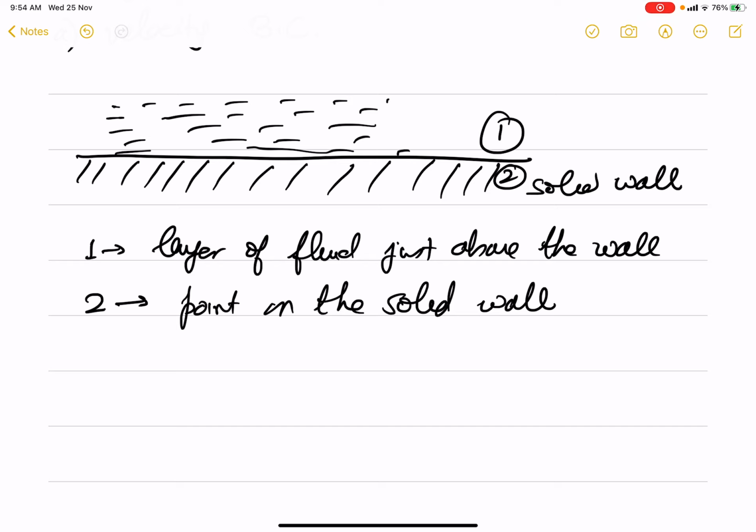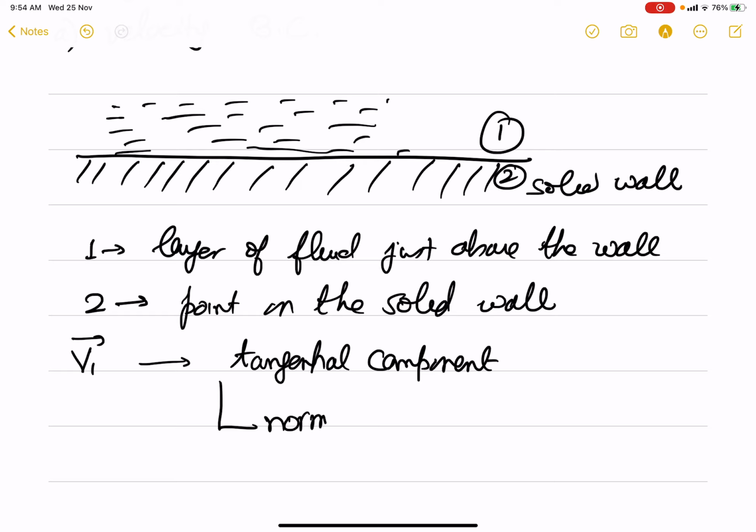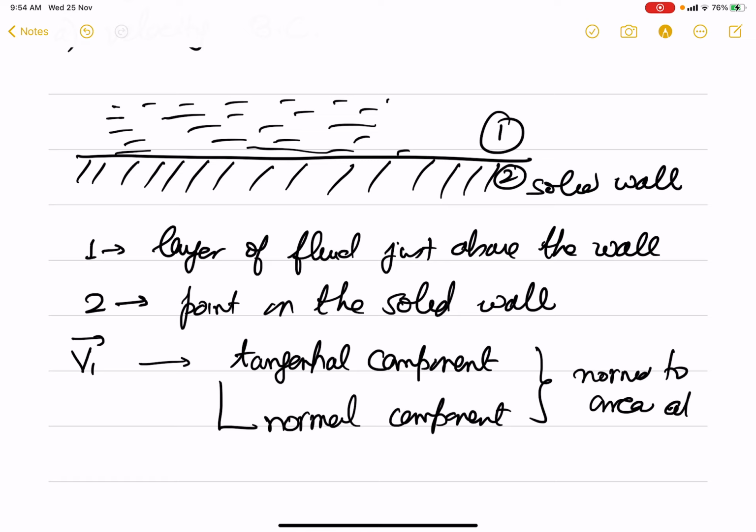Now the velocity at 1, this is velocity in the fluid. We can divide it into two parts, a tangential component and a normal component. And this normal and tangential will be normal to the area at the boundary.